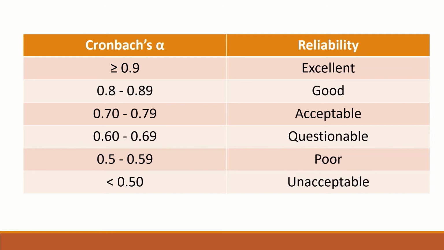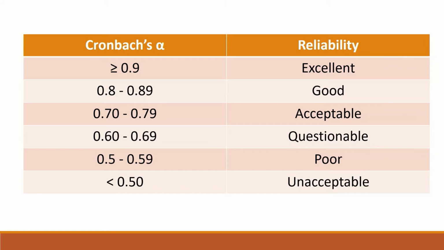In the following table, the Cronbach's alpha range is represented by reliability level. A test that is reliable and has an excellent reliability will have a Cronbach's alpha range between 0.9 and above. A Cronbach's alpha range of 0.8 to 0.89 will have a good reliability.